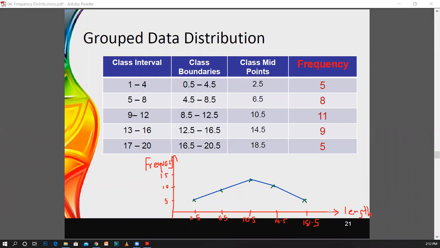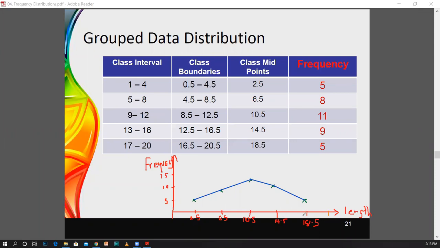But we have still not finished this frequency polygon. Once you construct a frequency polygon, it should start exactly from the x-axis and also end on the x-axis. Therefore, what we can do is mark another class midpoint in the upward direction and one class midpoint in the downward direction.